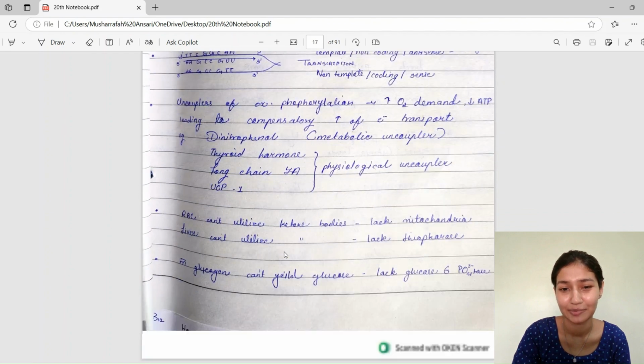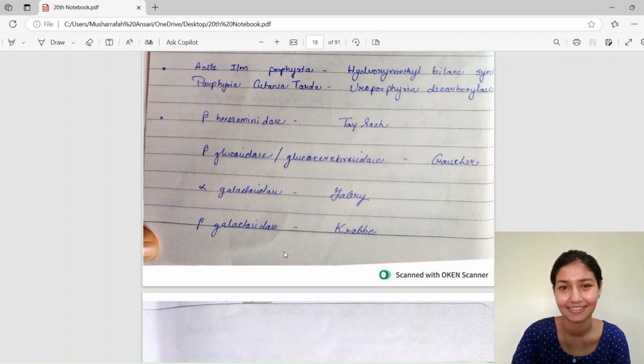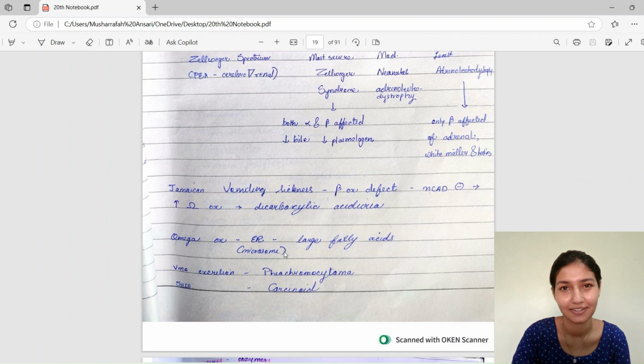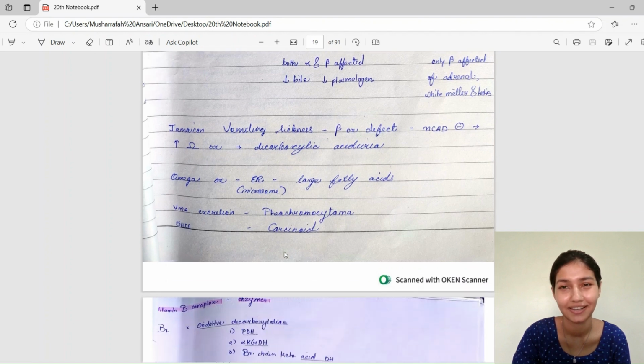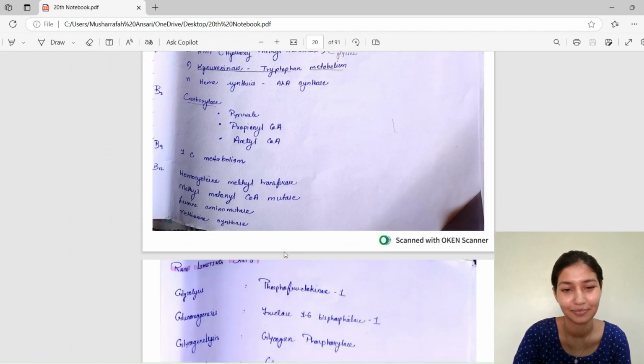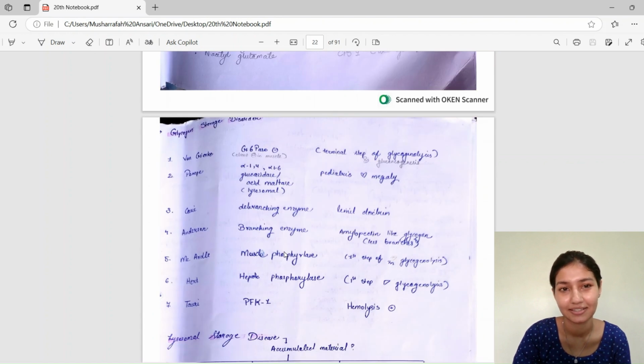Physiology, biochemistry, and second year subjects are in general slightly difficult to remember. So even when you have understood the concepts, you still need to look at them very often. The enzymes and the vitamins, the rate limiting steps. There are many things in this book that I did not find as it is.